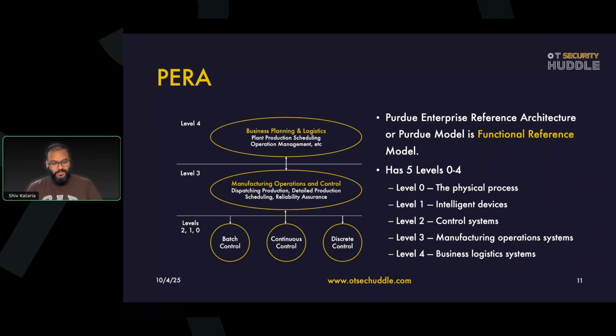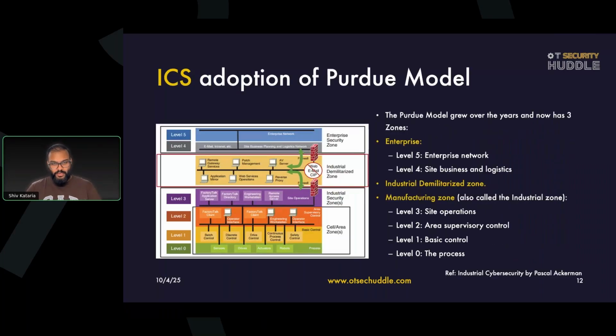There are also different versions of this, like people can expand it. One of these architectures also circulates very widely in different OT security discussions. This one I have taken from a book by Pascal Ackerman, where there is also a buffer zone between your IT and OT, which requires a good amount of focus when you are designing your risk assessment or cybersecurity requirement specifications.